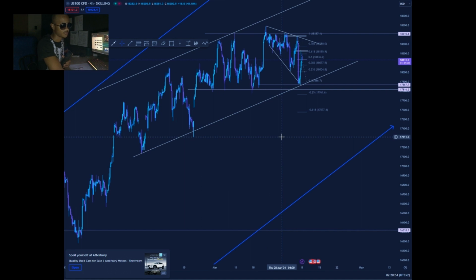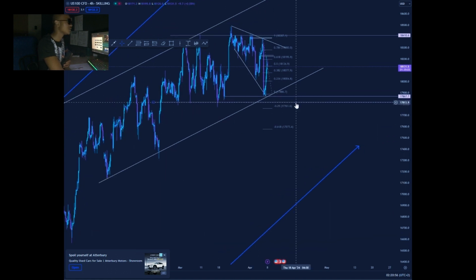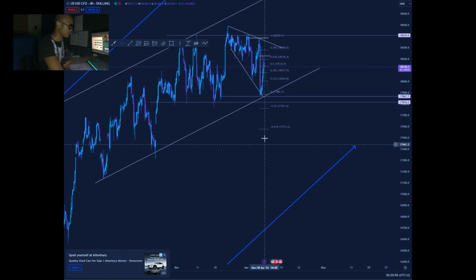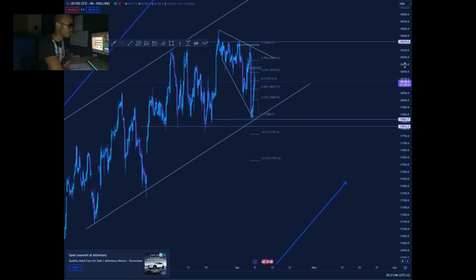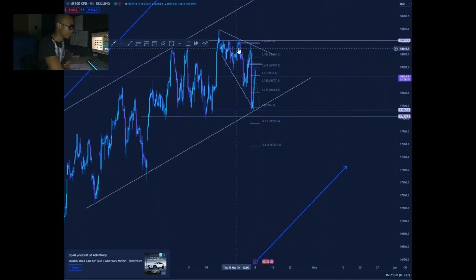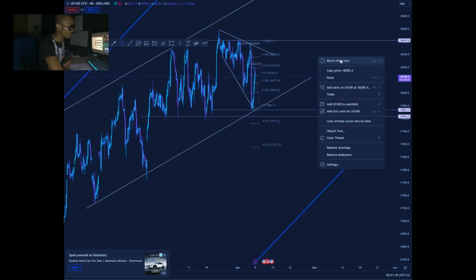It becomes resistance and we sell. So anytime we come below here, we're looking for sells. And we found a new resistance structure with nice rejection candlesticks over there. As you can see, guys, we had a very bearish move to the downside as soon as we hit this supply zone over here, right?